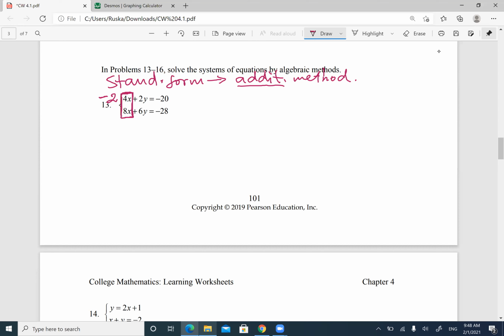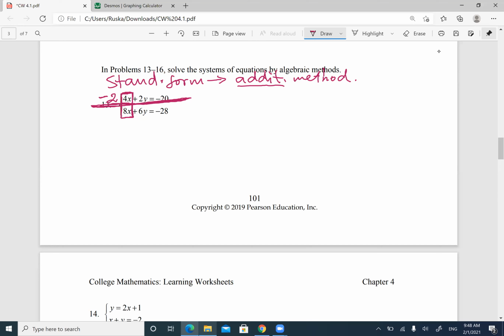I had a question. The -2, do you have to apply it to that 8 as well, or no? Yes, thank you for asking. Now, this -2 is going to multiply only the first equation, both sides of the first equation. So I'm multiplying everything by -2.